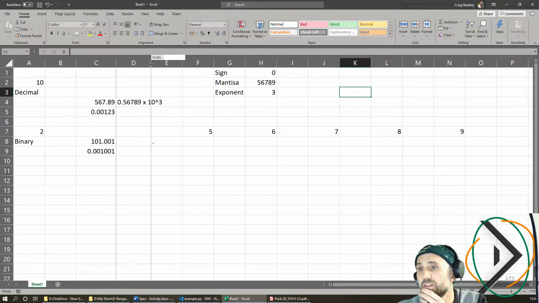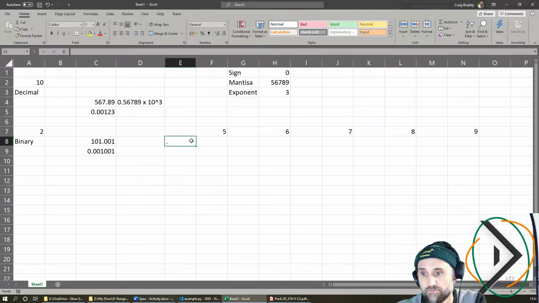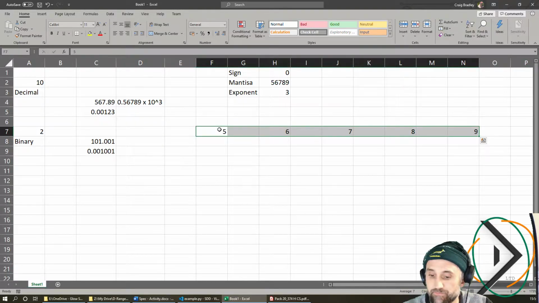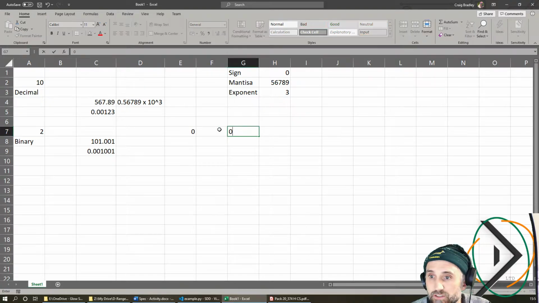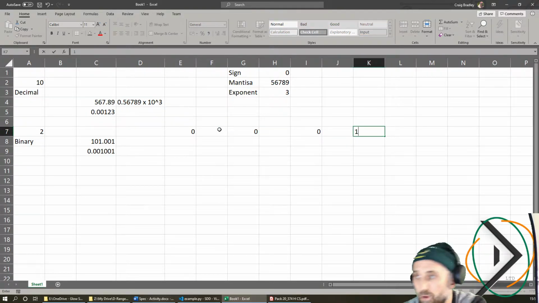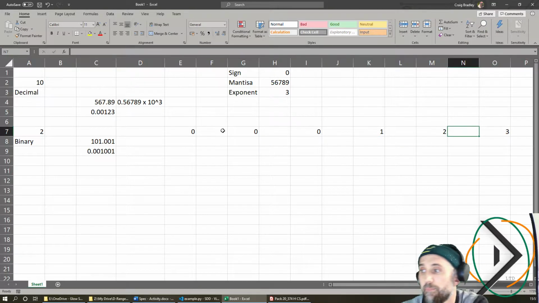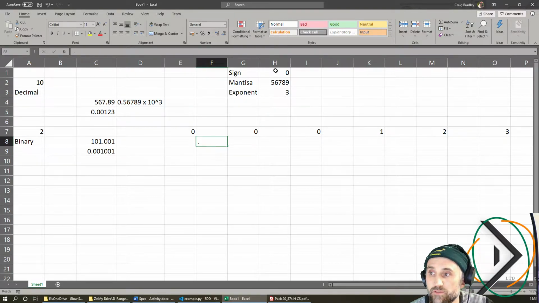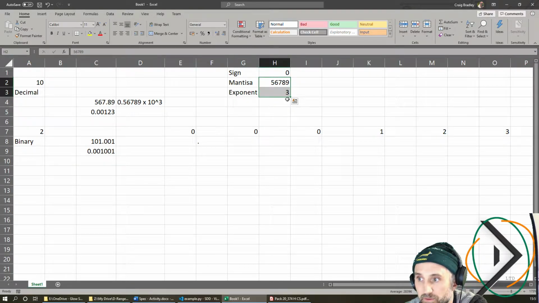Now for the next question, a random question I've got here, we have 0.001 2 3, and our decimal placeholder is over here. In this case, I'll delete my sign, my Mantissa and my exponent. It is a positive number, so the sign is 0.